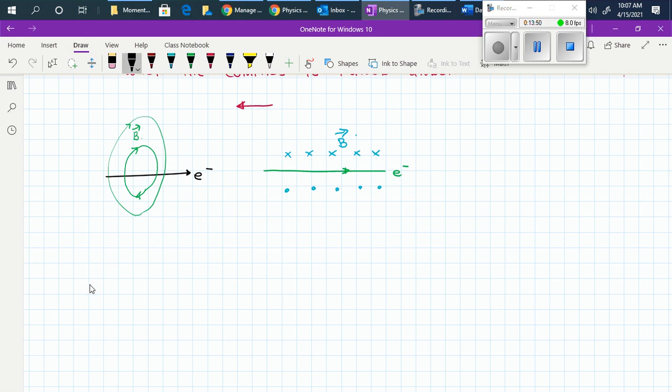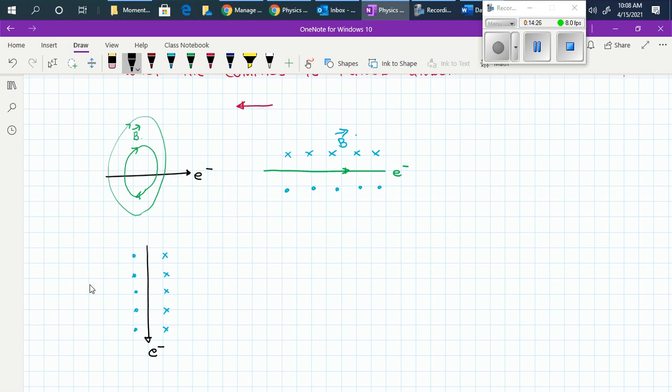However, if we have the electrons going in this way, then the thumb will go down and the fingers on the right of the wire will be into the page, and on the left of it will be out of the page.